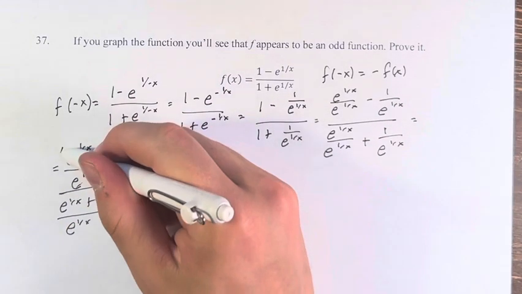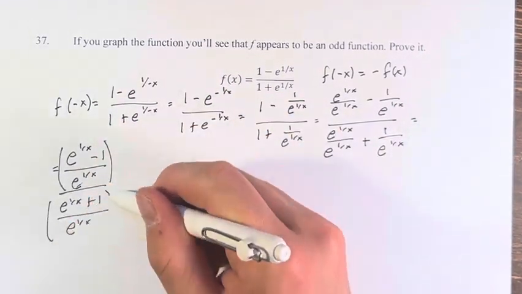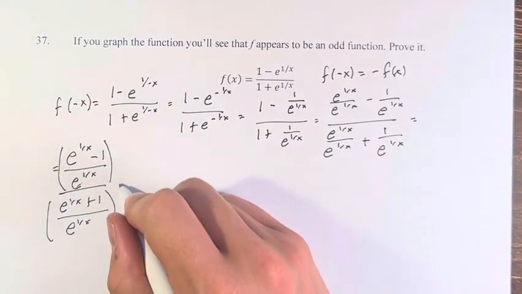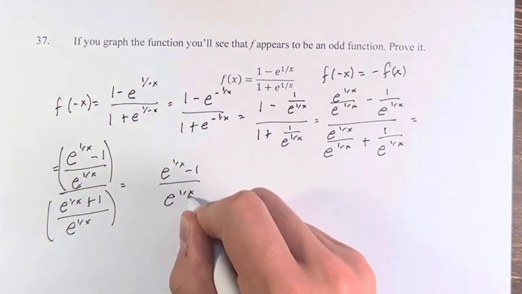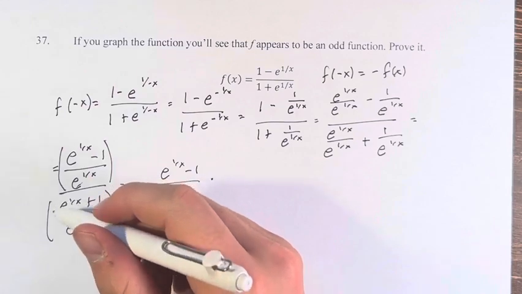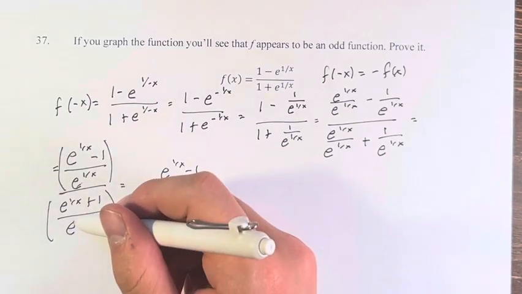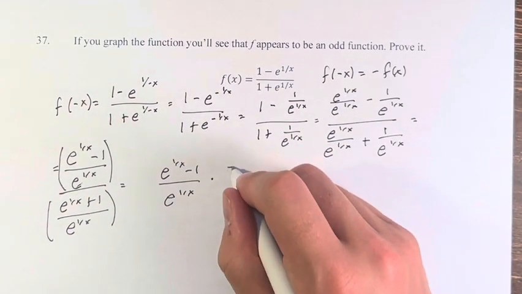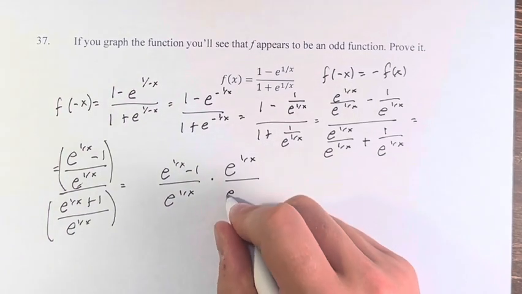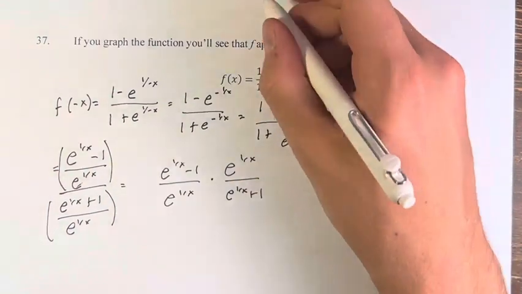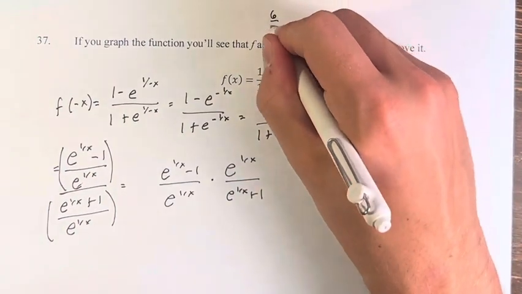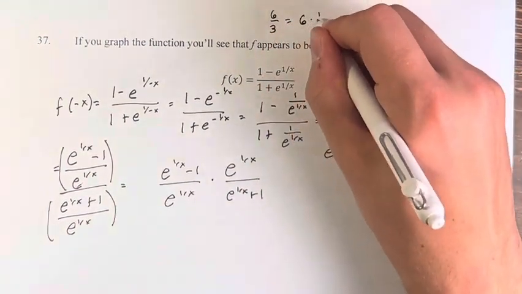So we have this fraction divided by this fraction. So we can take the top fraction and multiply it by the reciprocal of this fraction, which is just flipped. And the reason that we can do this is because, let's say, 6 divided by 3, this is the same as 6 times 1/3.